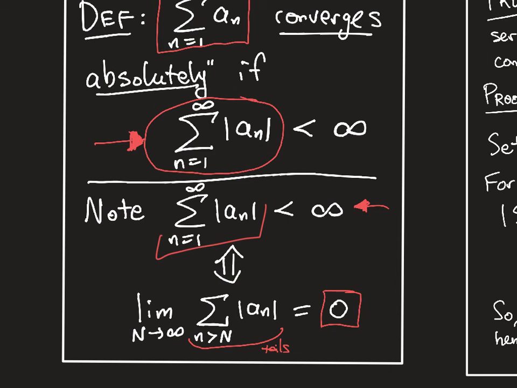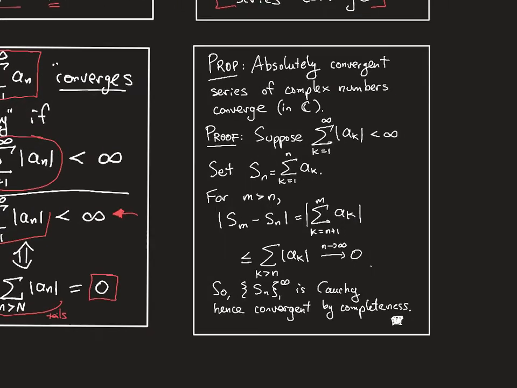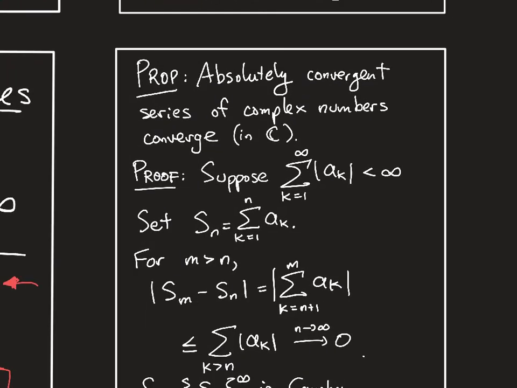Now let's prove what I was talking about a moment ago, that the completeness of the complex numbers automatically tells us that absolutely convergent series converge in the partial sum sense. So here's a proposition: absolutely convergent series of complex numbers converge in the complex numbers. So suppose we have an absolutely convergent series of complex numbers.